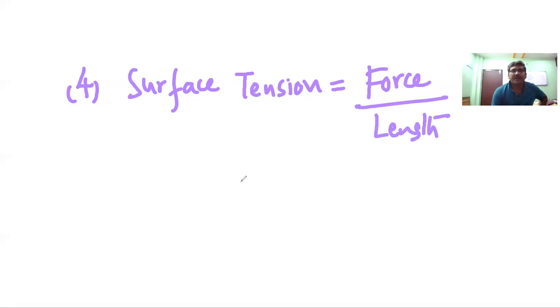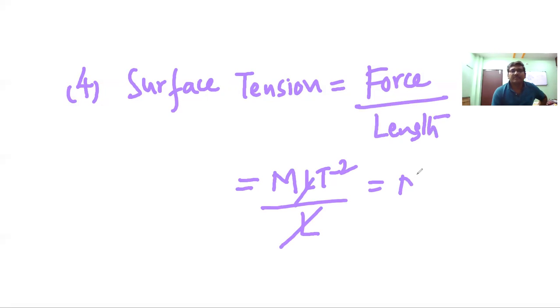The force is mass into acceleration, MLT minus 2, divided by length L, so L goes out. So MT minus 2 is the dimension formula for the surface tension.